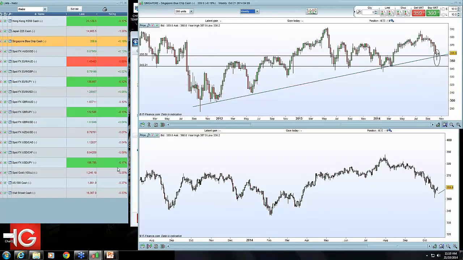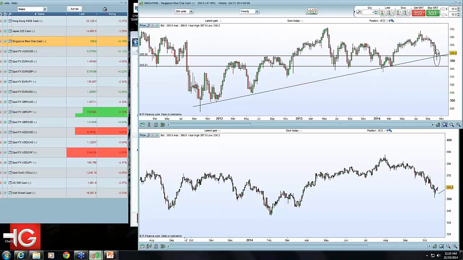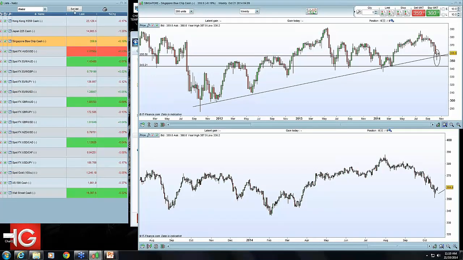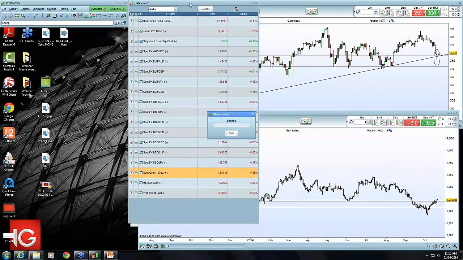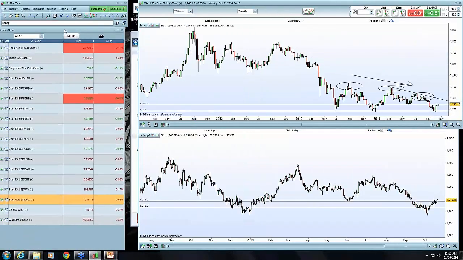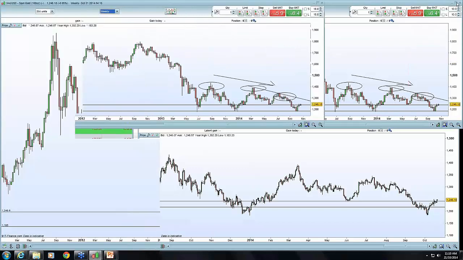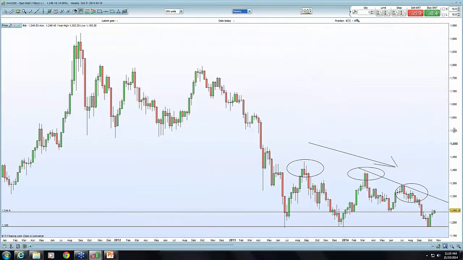Last one. Let's do gold. Gold is at quite an interesting level. I think I did touch a bit on gold last week, and this is what I drew.